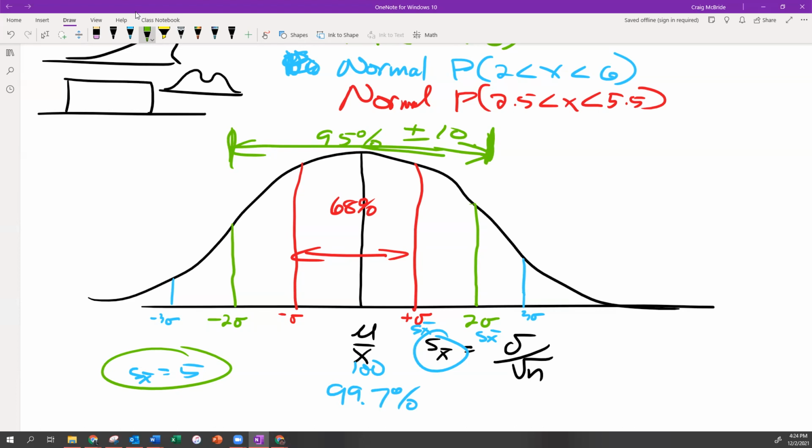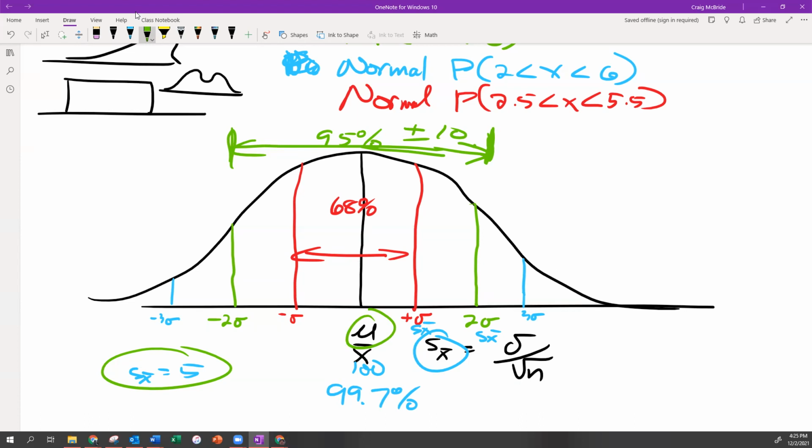So now that tells us that 95% of every possible sample mean will be within this plus and minus 10 of the true population mean, which we don't know, right?